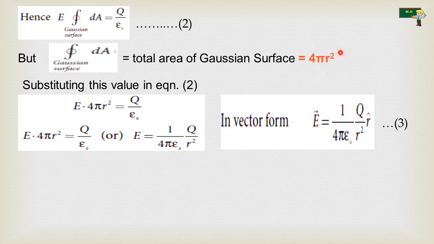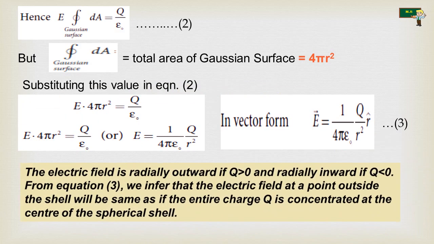Substituting this 4 pi r square for the closed integral of dA in equation 2, we get E into 4 pi r square is equal to Q by epsilon naught, or E is equal to 1 by 4 pi epsilon naught Q by r square, and in vector form E vector is equal to 1 by 4 pi epsilon naught Q by r square into r cap, which is considered as equation number 3.